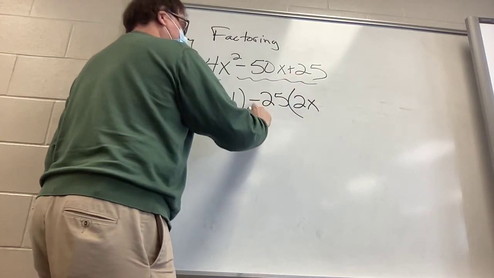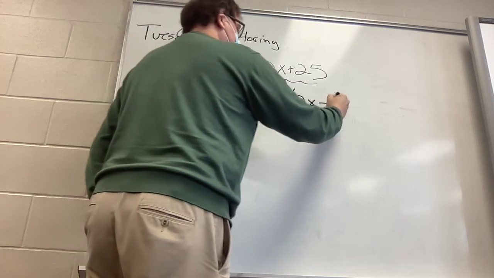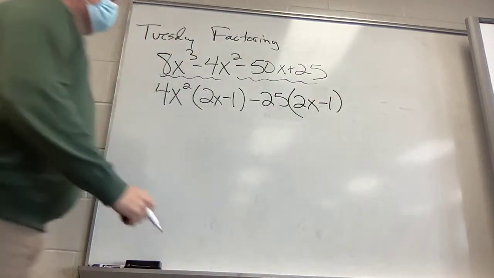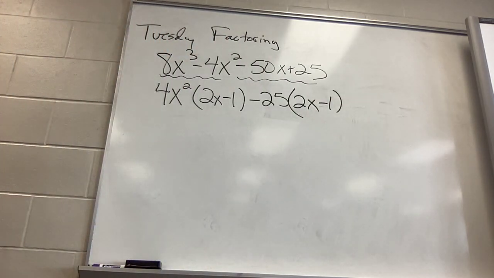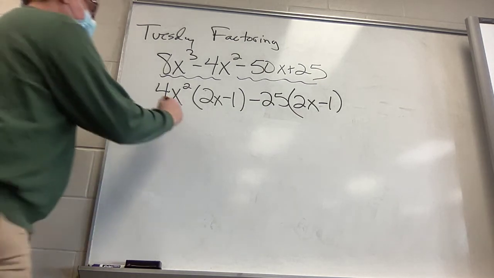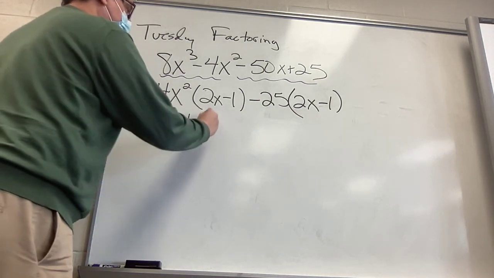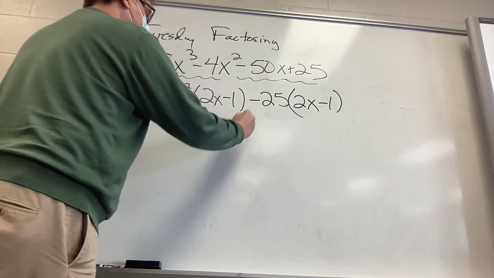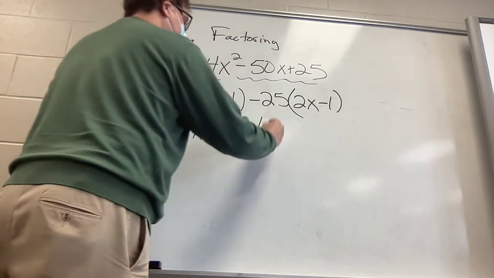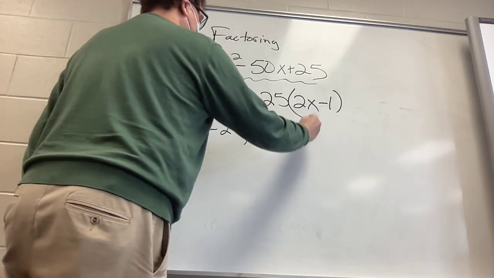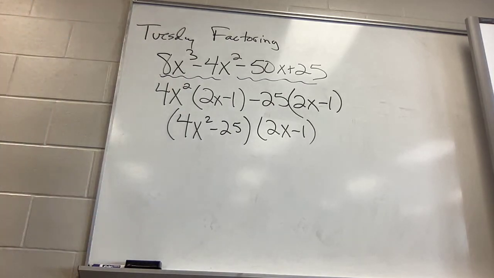Negative divided by negative, positive 1. Then it becomes 4x squared minus 25 and 2x minus 1. Okay, we might not be done.